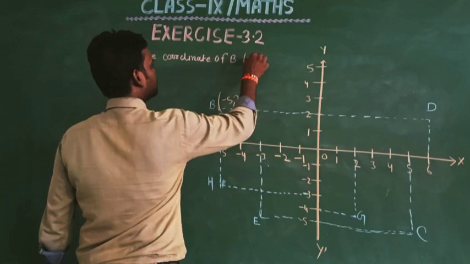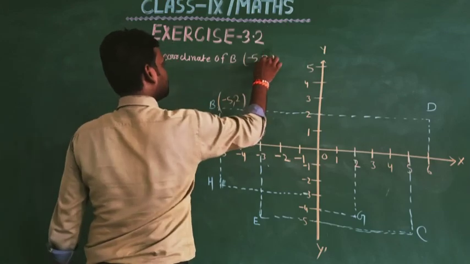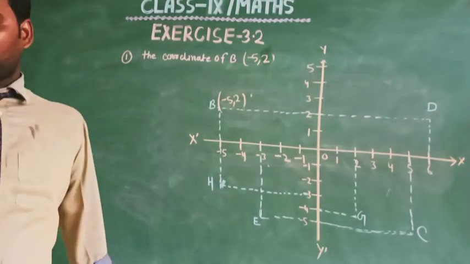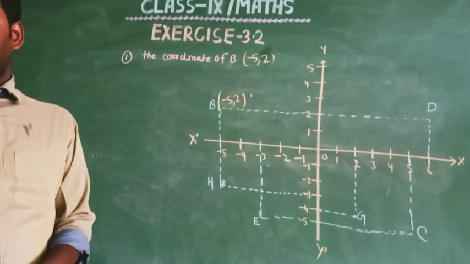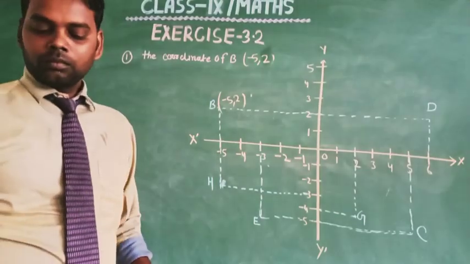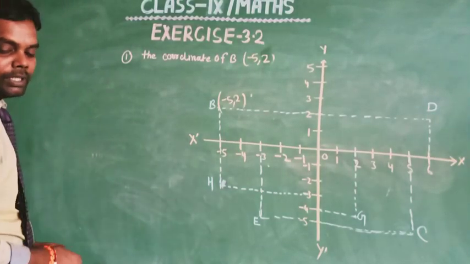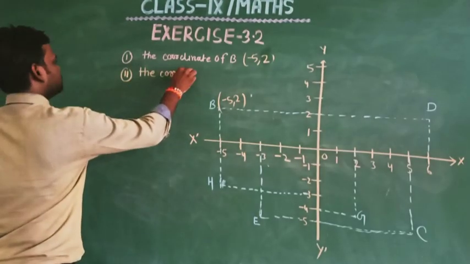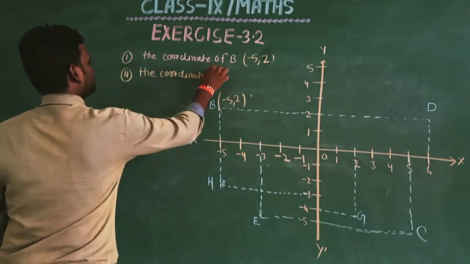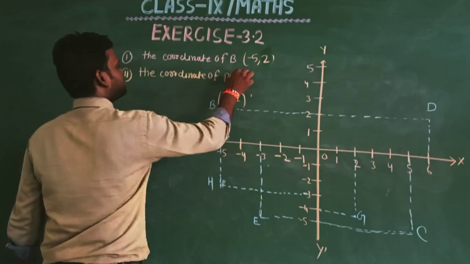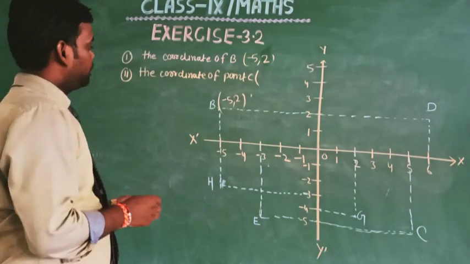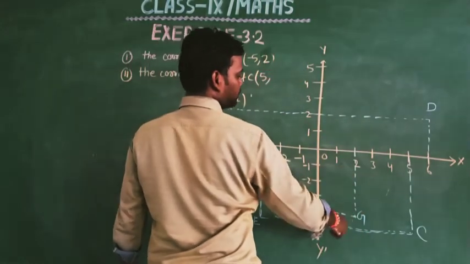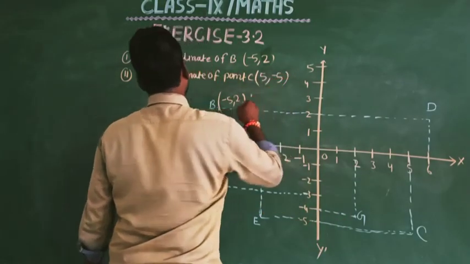Next, the second part asks for the coordinate of point C. The coordinate of point C is 5 comma minus 5.